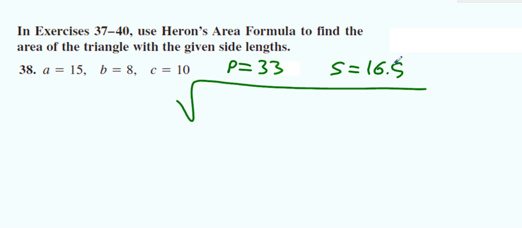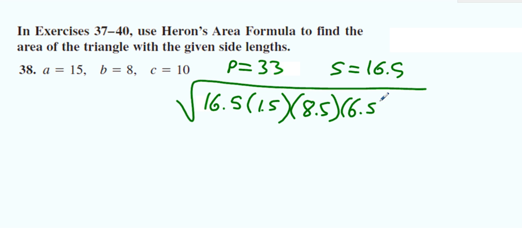So the formula is semi-perimeter times semi-perimeter minus each of these other numbers. So that'd be 1.5, 8.5, and 6.5 when you subtract.